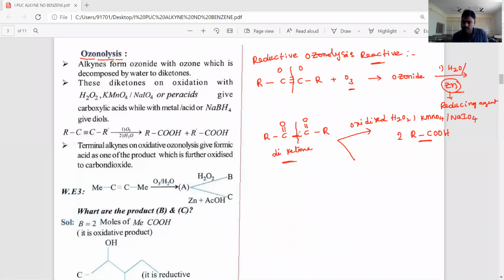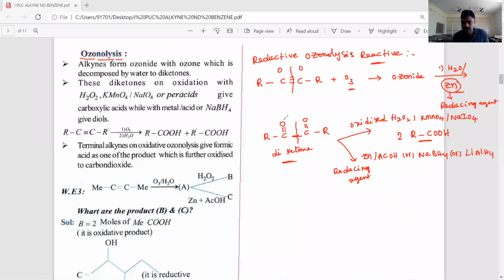Alternatively, this diketone can be reduced with reducing agents like zinc and acetic acid, or sodium borohydride NaBH4, or lithium aluminum hydride.